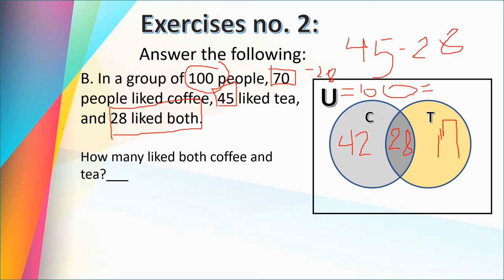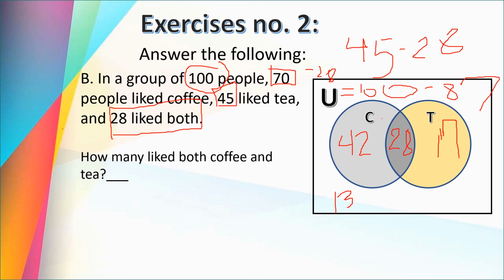So, anong gagawin natin? So, subtract lang natin yung 87 kay 100. So, simply 100 minus 87 is equal to very good, 13. So, ibig sabihin 13 yung hindi nagkakape at the same time ayaw din ng tea.